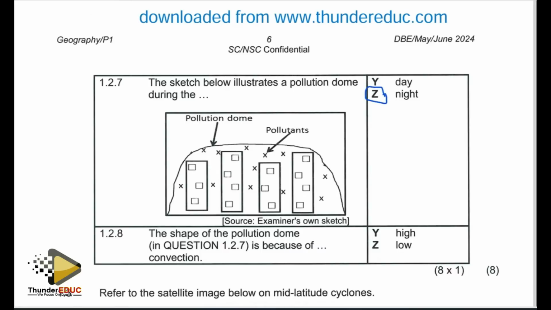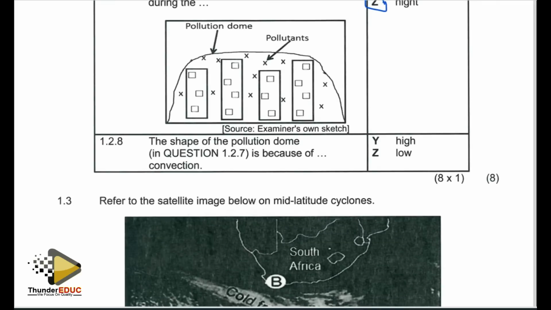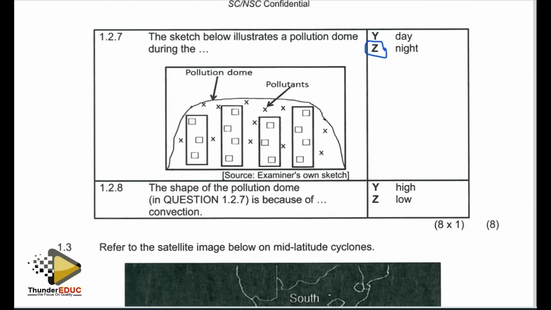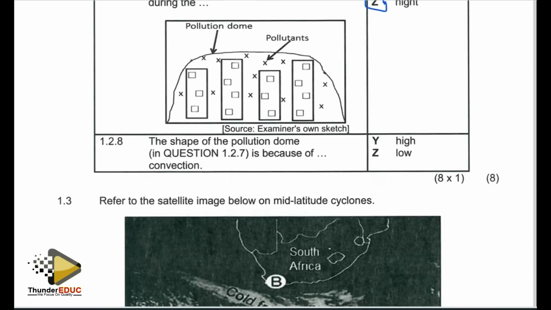It's a night situation. We move on to the last question on that section, which is number 128. The type of pollution dome in question 127 is because of what causes that in relation to convection. Convection is low.